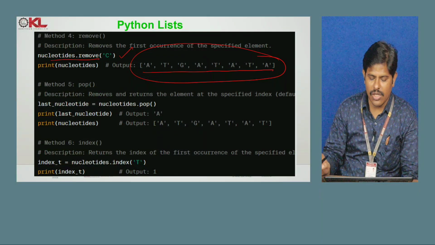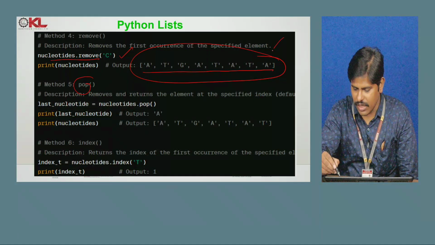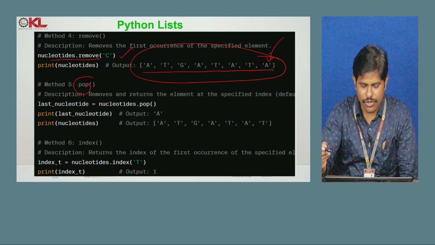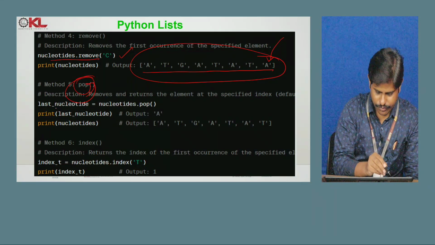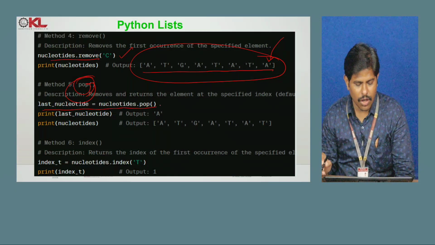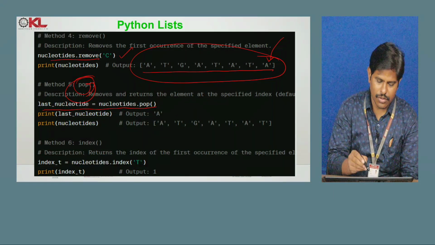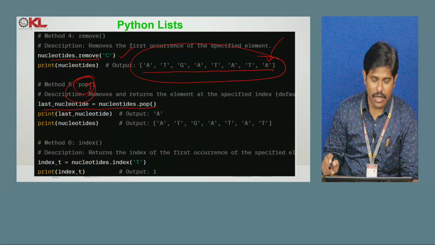And to remove the last item, that is the last element, this A can be removed using a method called the pop method. So I have to say last nucleotide equal to nucleotides dot pop. So the last nucleotide is stored in last nucleotide.